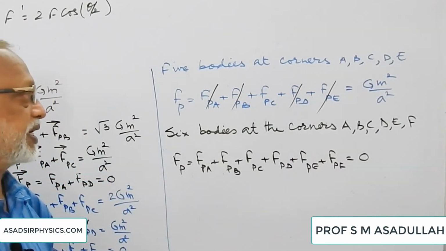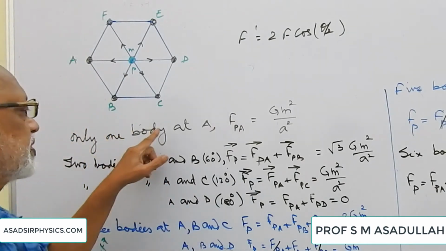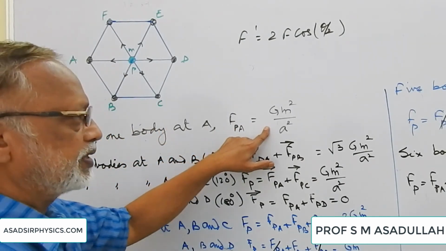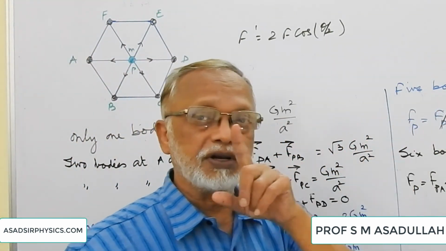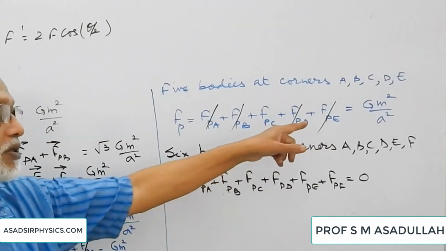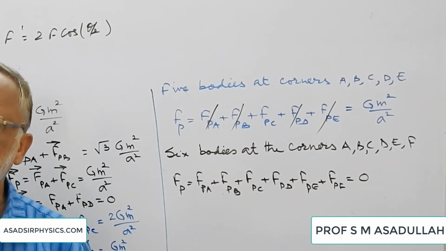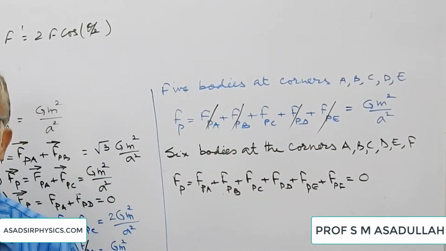Now you can see one more thing here. When only one body is present, the force is GM square by A square. When five bodies are present, only one is missing, then also the force is GM square by A square. That means in a hexagon, either you keep one corner occupied or one corner vacant and all the other corners occupied, the answer is the same.